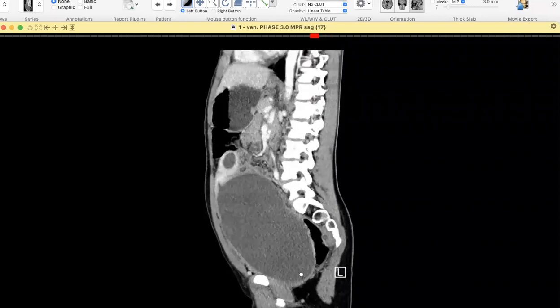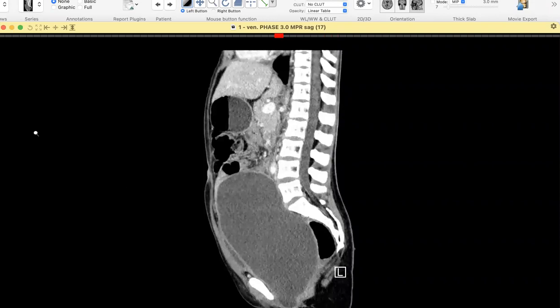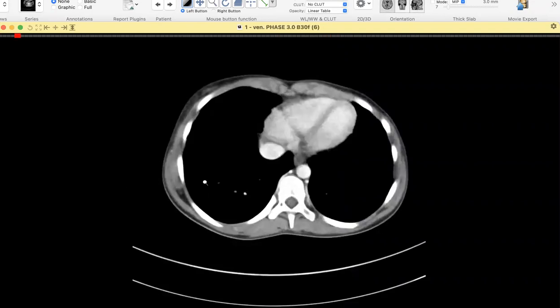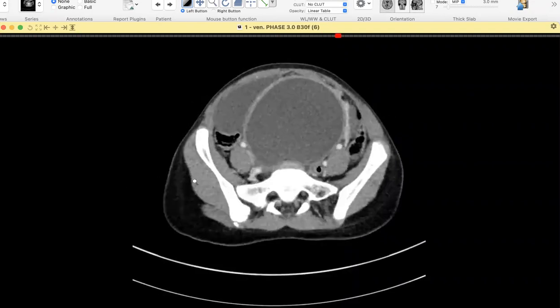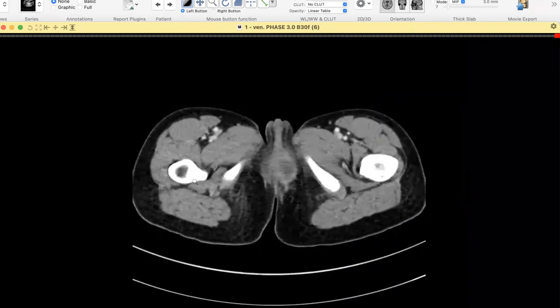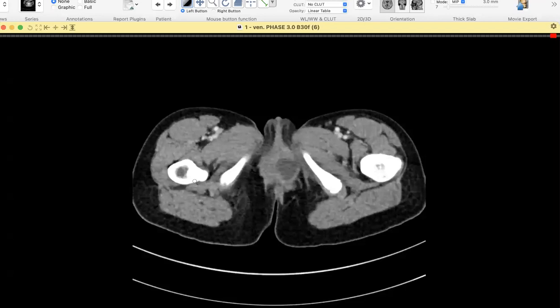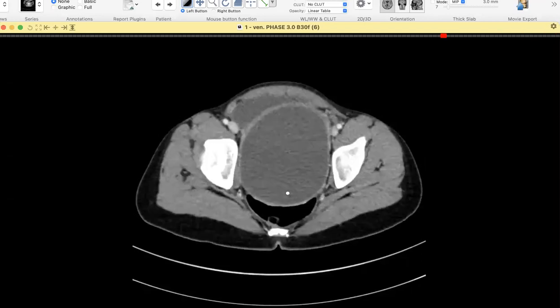Yes, and the differential here would be a vaginal septum. Vaginal septum would be associated with Mullerian abnormalities, even renal abnormalities. So that is a bit tricky, but this is a clear case of imperforate hymen. It's going right up till the vaginal introitus, right?